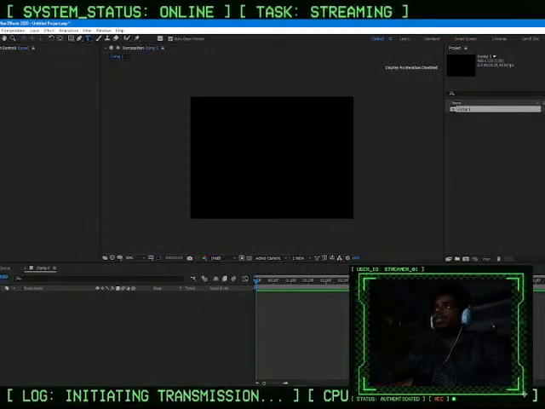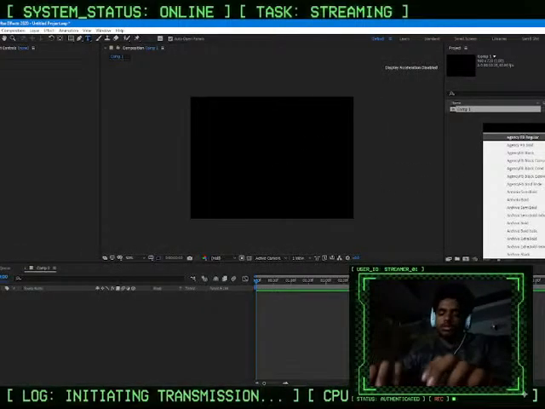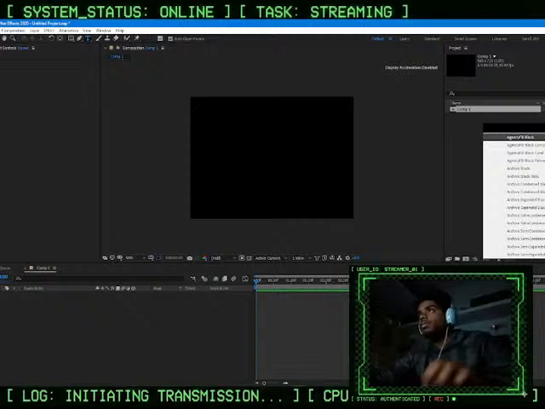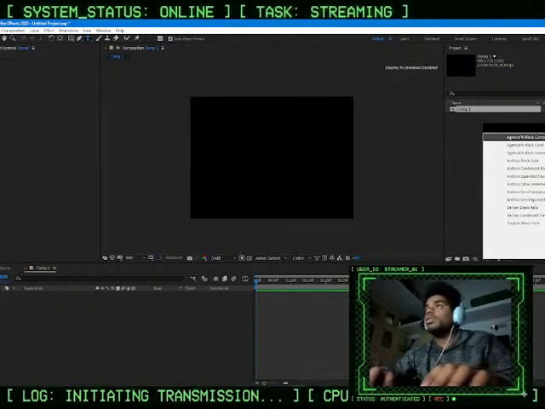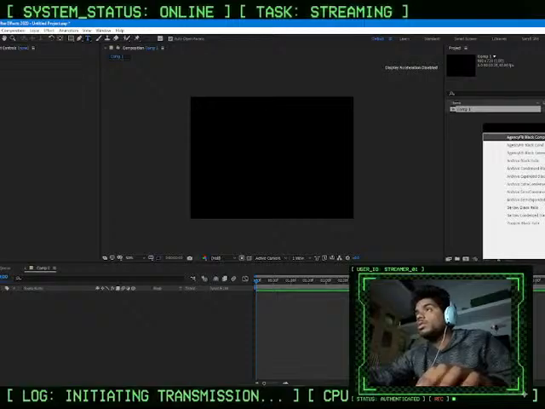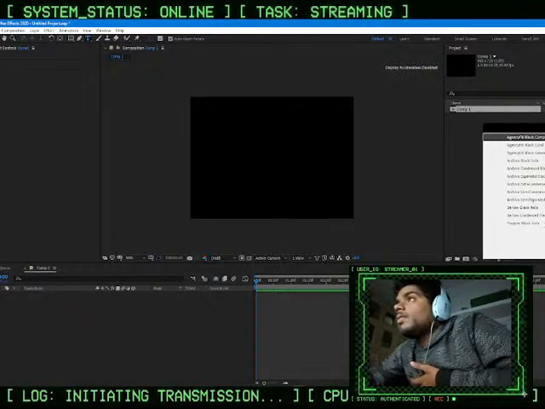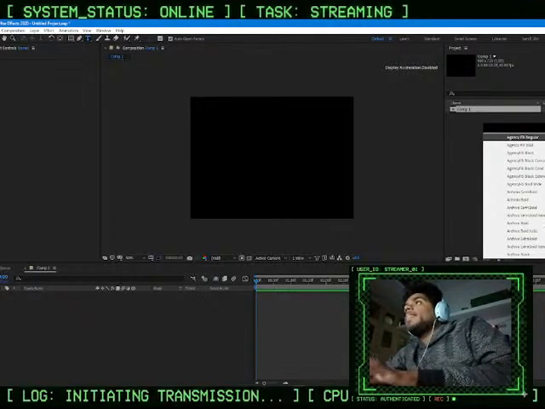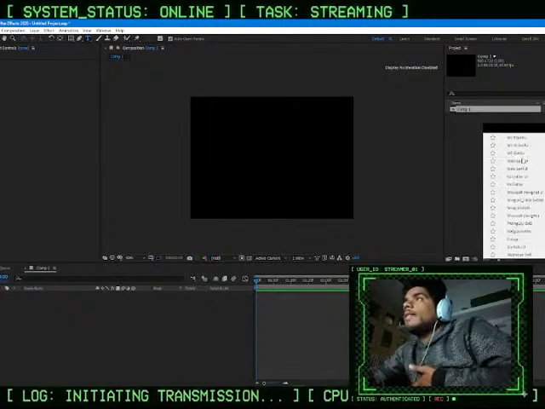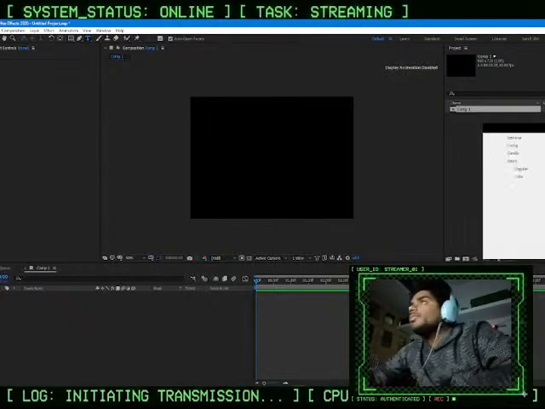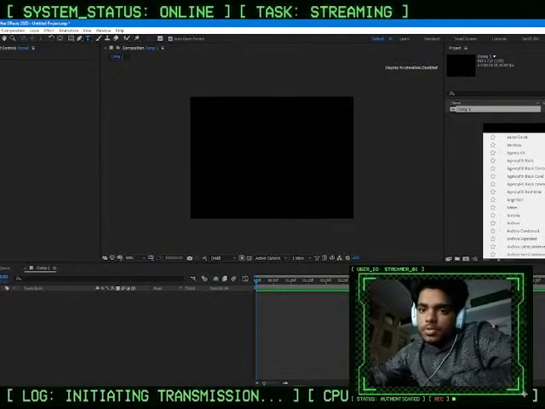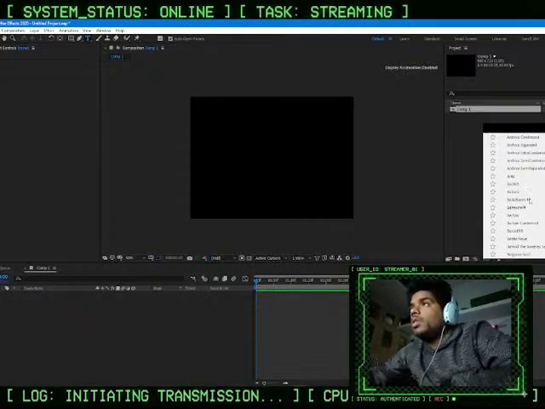Maybe if it doesn't show, you actually add a new font.